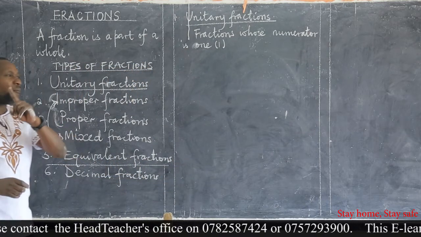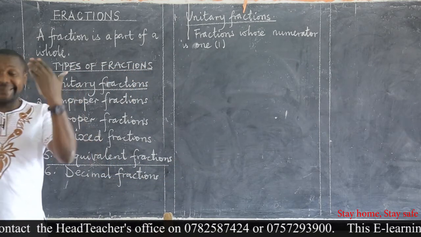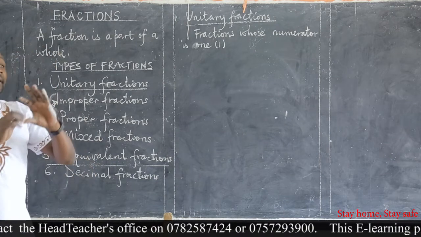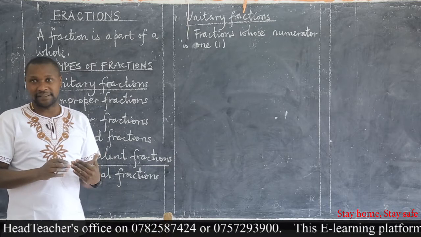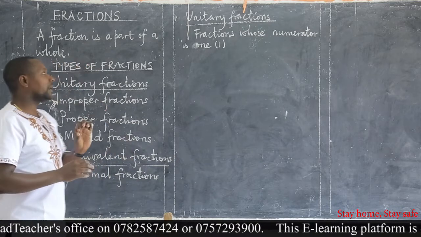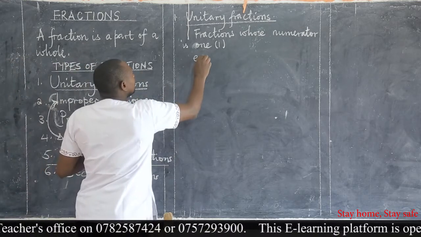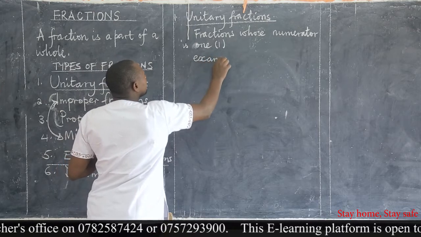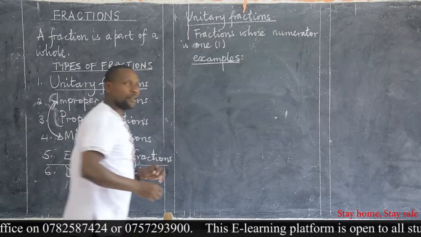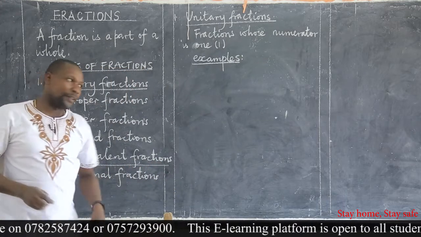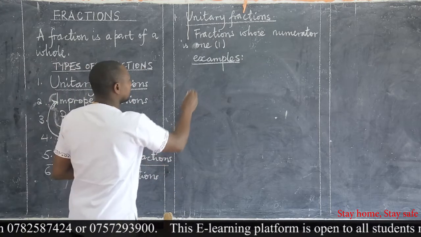Hope in P3 you learned about types of these fractions. We have numerators and denominators, if you can go back to check. So if I ask you to give me some examples of unitary fractions, let me first guide you with one, and you'll give me the rest.